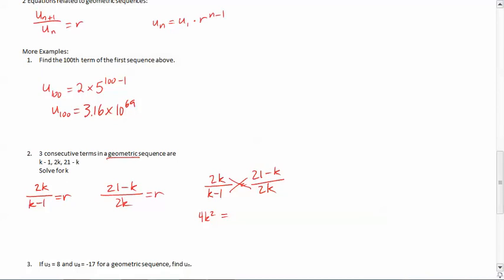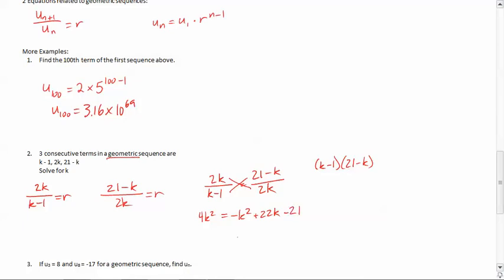So k times, this will be a FOIL, k minus 1 times 21 minus k. So that will give me a negative k squared. It will give me a plus k and a plus 21k, so plus 22k. And then I've got negative 1 times 21, which would be minus 21.